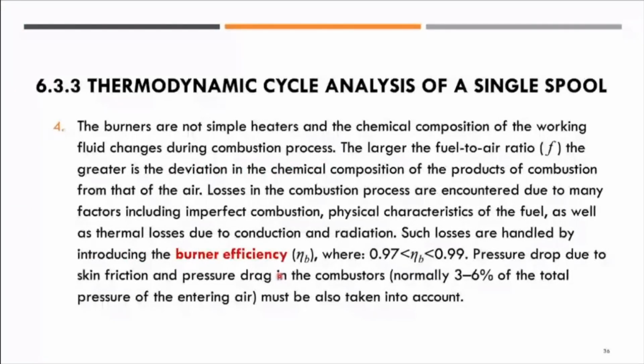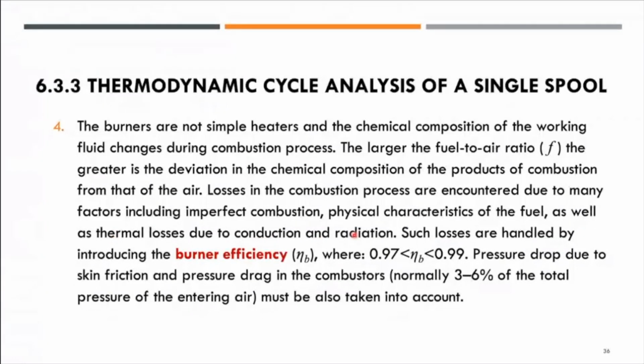The burner itself is not a simple heater, and the chemical composition of the working fluid changes during the combustion process. So the larger the fuel to air ratio F, the greater is the deviation in the chemical composition of the products of combustion from that of the air. Okay, so losses in the combustion process are encountered due to many factors, including imperfect combustion, physical characteristics of the fuel, as well as thermal losses due to conduction and radiation.